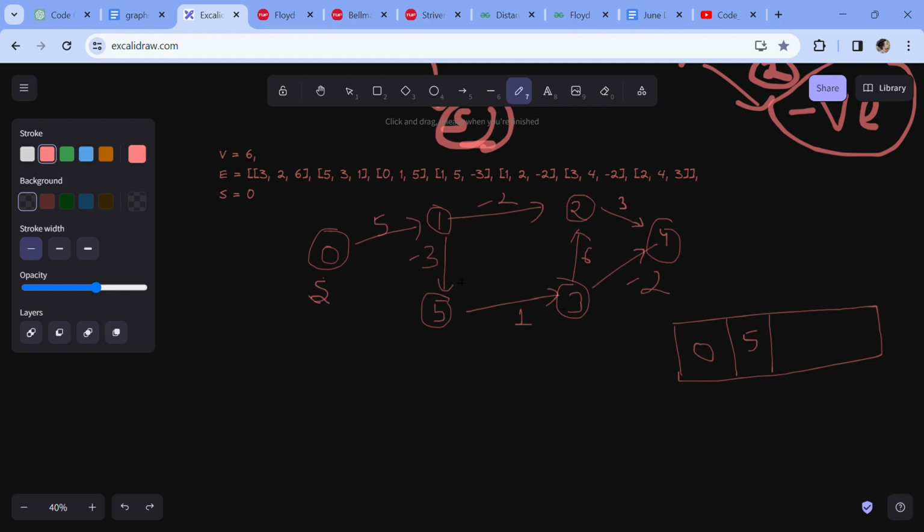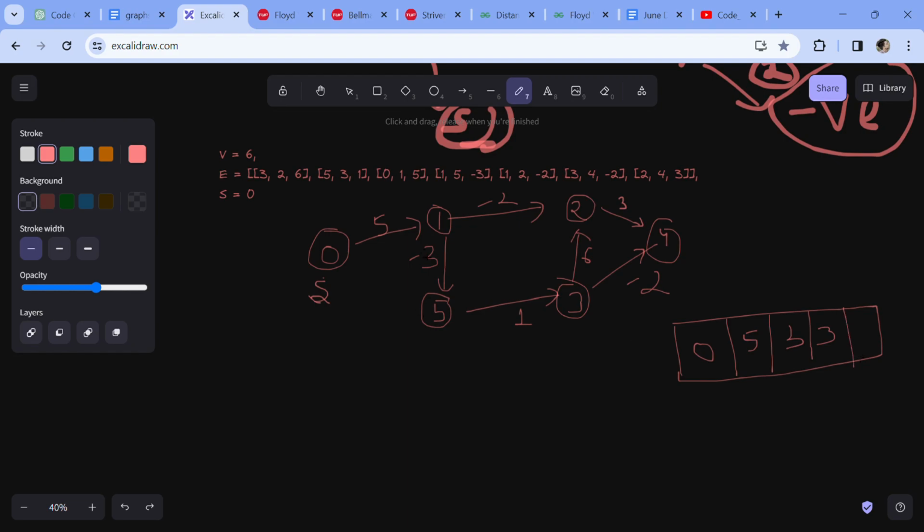So 5 will cost less, so we will write this 5. And after that, from node 0 to node 3 the weight will be 2 plus 3, that is 3, and for node 4 also 3, okay, node 3, so that will also be 3.